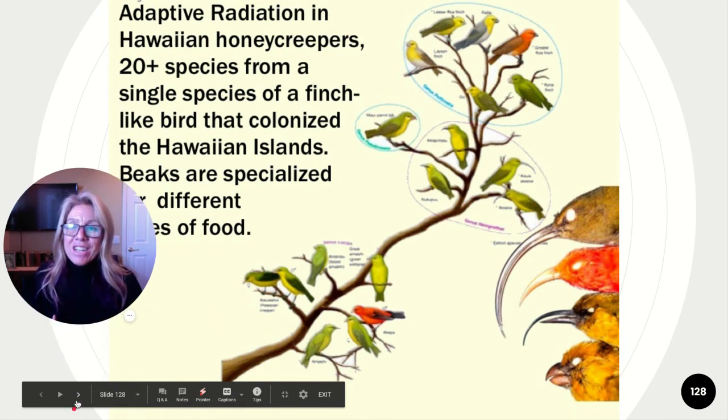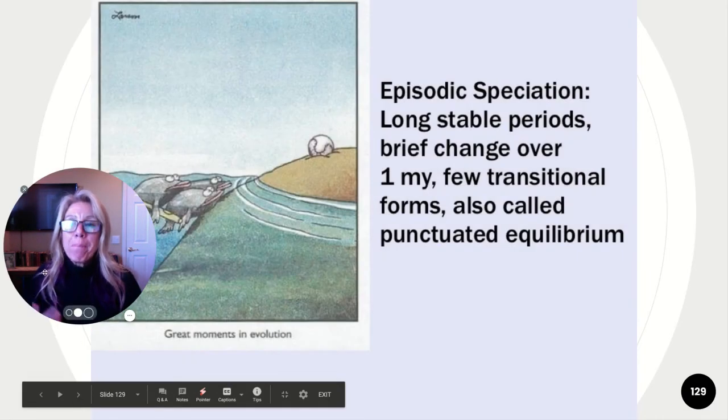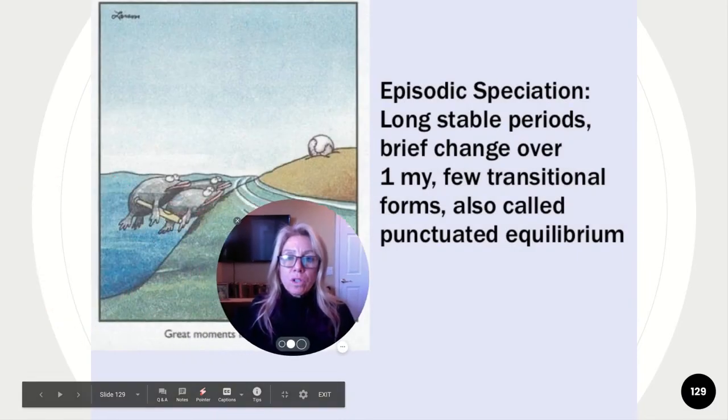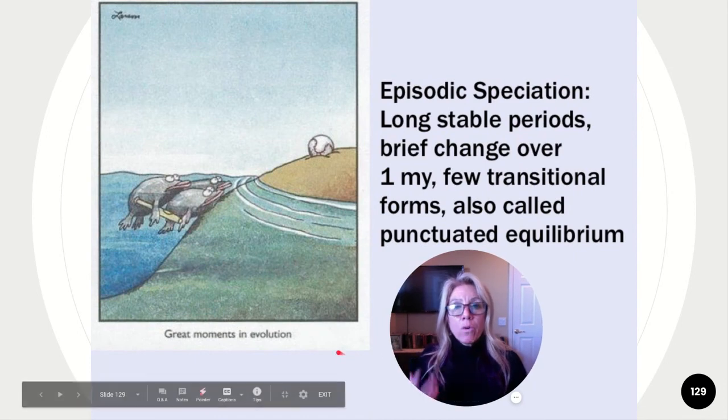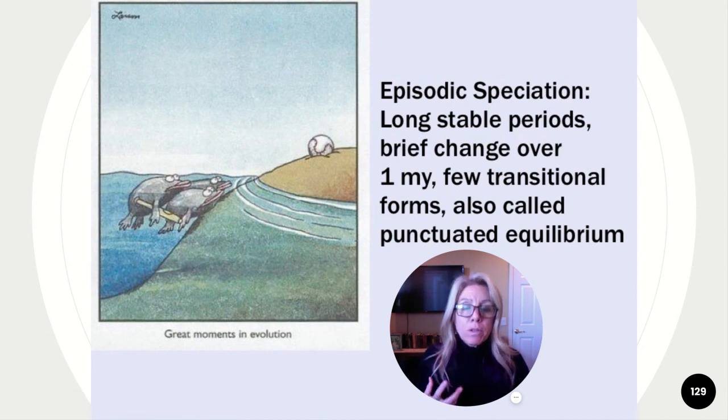All right, so now let's talk about the pace of speciation. So the pace is how quickly it happens. There are two different ones. There's what's called punctuated equilibrium. And I think of punctuated as very rapid evolution. And by rapid, when you look at the geologic time scale, it's over the course of about 1,000,000 years. Okay, that's considered very rapid.